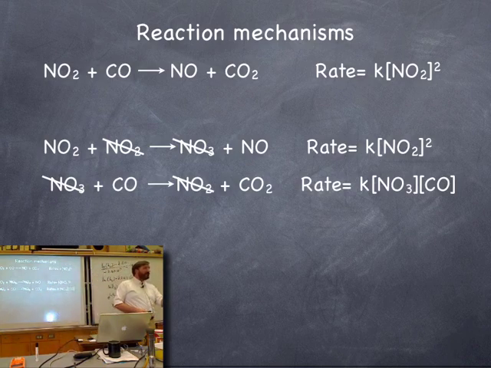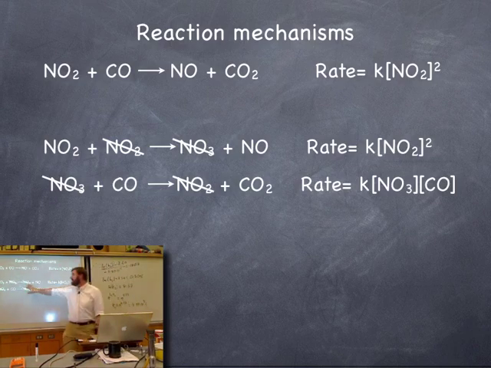Intermediates can be identified because they are produced in early steps and used up in later steps. The other thing that will show up in reaction mechanisms that you won't see in the overall is a catalyst. How would a catalyst act differently than an intermediate? It's not used up.